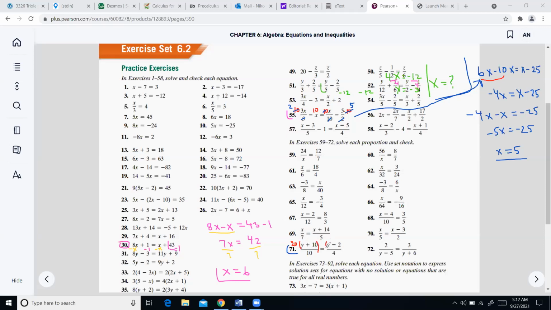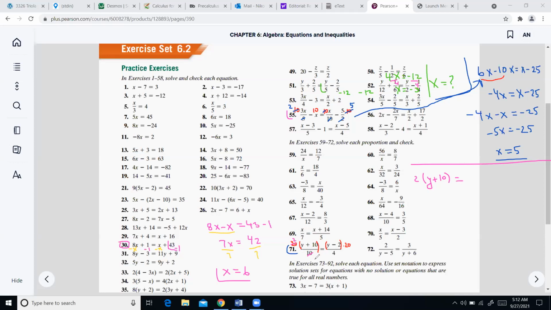And please notice I want to put these numerators inside parentheses because we have differences and sums. The rule says you always need parentheses with those differences and sums, to make sure everything is multiplied entirely. So the next equation will look like 2, which is multiplied by y plus 10 inside of my parentheses.